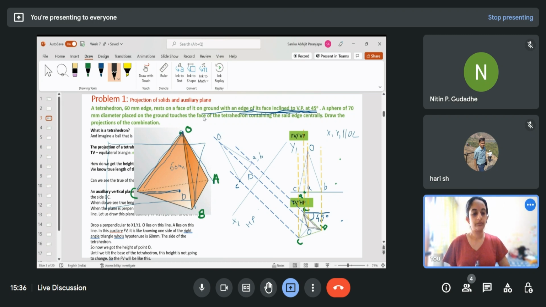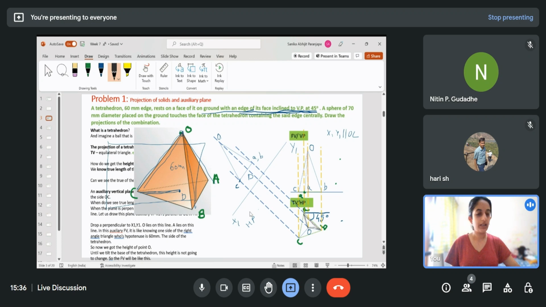Alright, so when I'm looking at this auxiliary projection, luckily we have got that this plane AB is being observed as a single line.